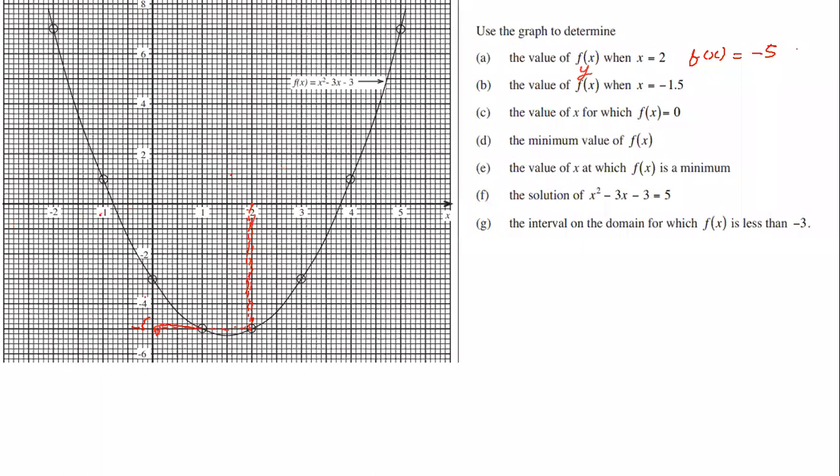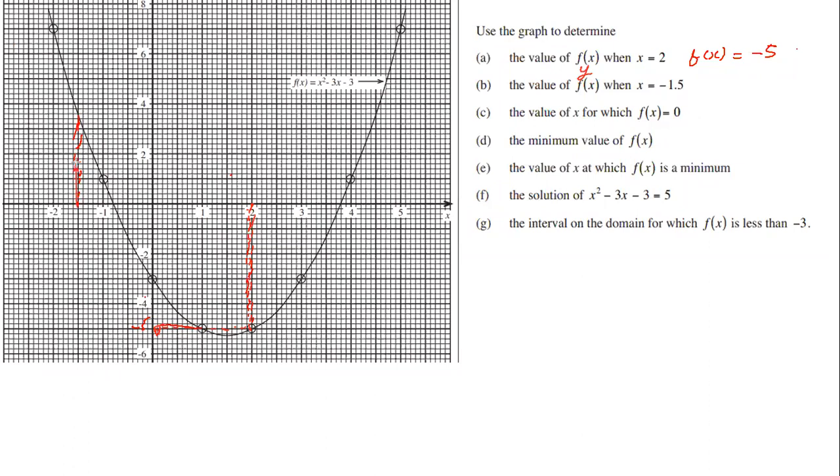So we go to -1.5 and we go up, right? You see what I'm doing now? Now this time I have to go to the wall. So when you are doing this, I will advise that you use a ruler, so that at least you get it right.